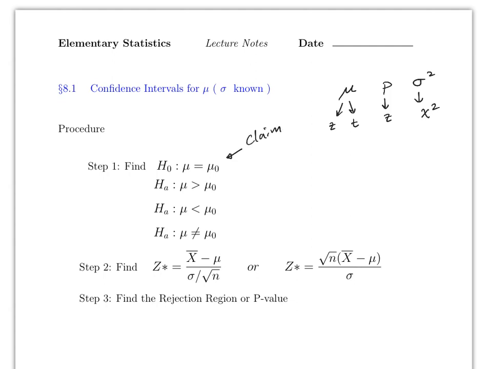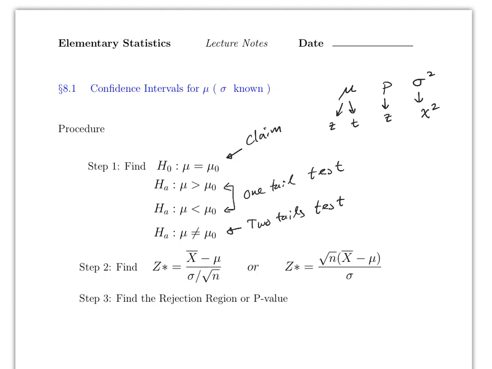So your job is pretty much to try to prove the claim wrong, and you're going to have three different alternatives. This is called a one-tail test, and this one is going to be called a two-tails test. Okay.